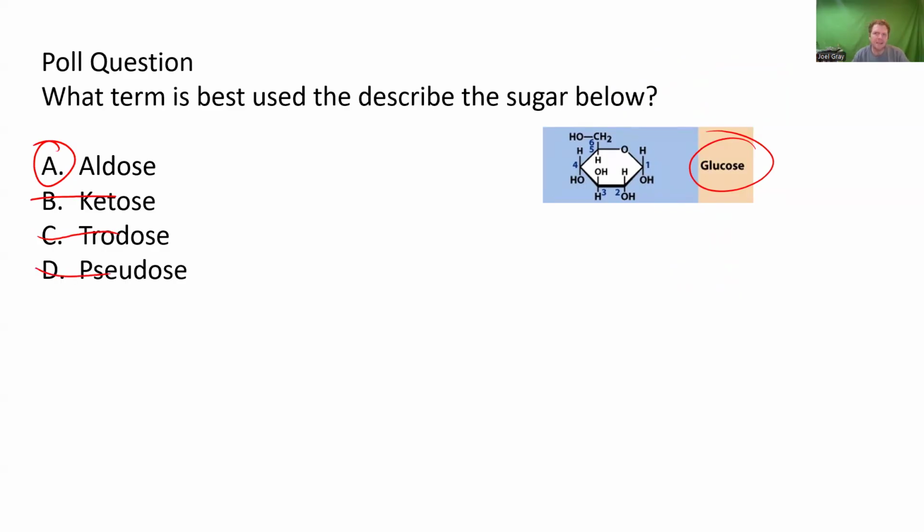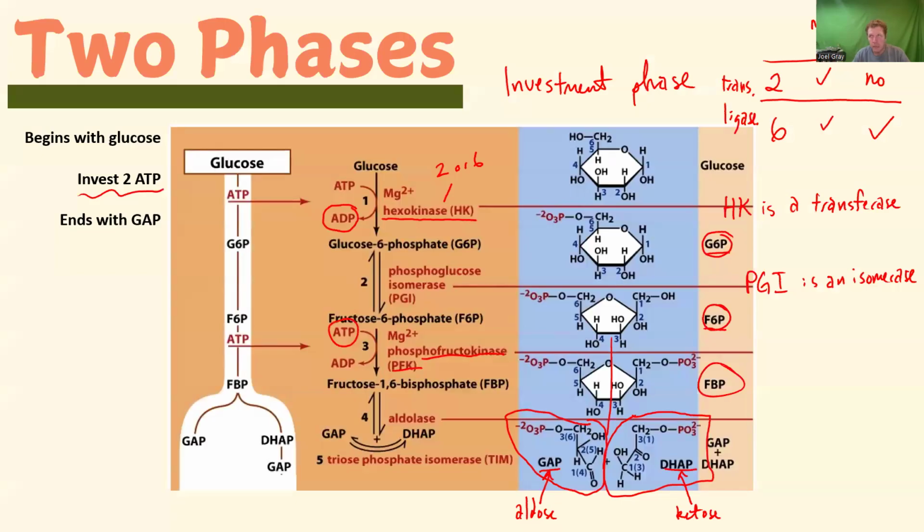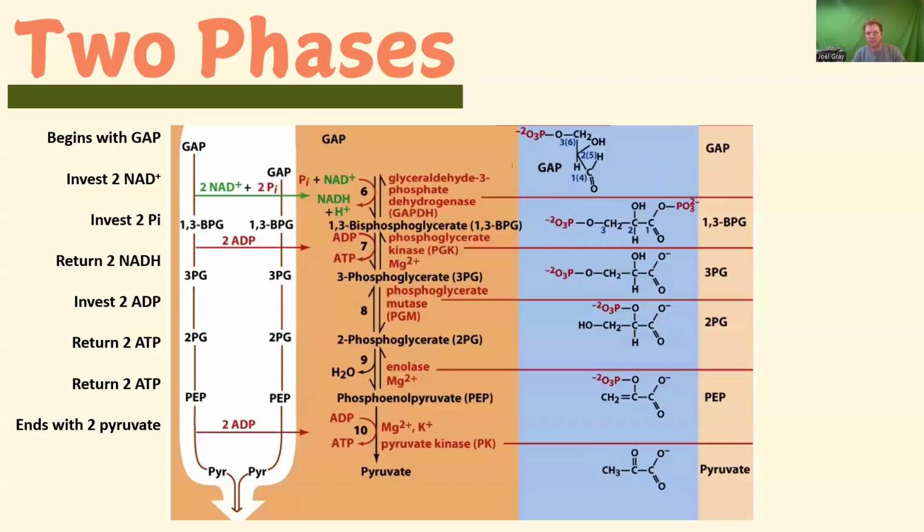Like I said, the first phase of glycolysis is the investment phase. We invested a pair of ATP. Now, the next phase of glycolysis is sometimes referred to as the payoff or the return phase. We're going to begin that phase with glyceraldehyde 3-phosphate. I'll get more into why that is our starting point in just a little while, but we're going to invest 2 NAD plus, 2 Pi.